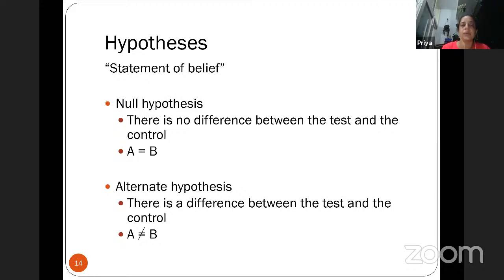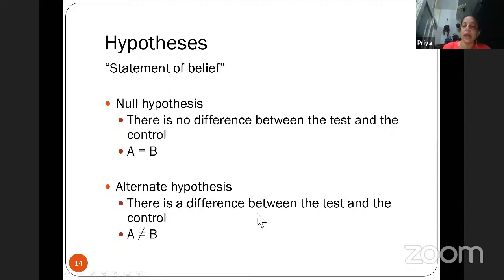Typically, for a study where you're comparing 2 treatments, you start by saying there is no difference between the 2 treatments. That is the null hypothesis: A is equal to B. There is no difference between the test and the control. Then you have an alternate hypothesis which states that there is a difference between the test and the control: A is not equal to B. The goal of your entire study is to prove that the null hypothesis is wrong, to reject the null hypothesis and prove that the alternate hypothesis is correct.